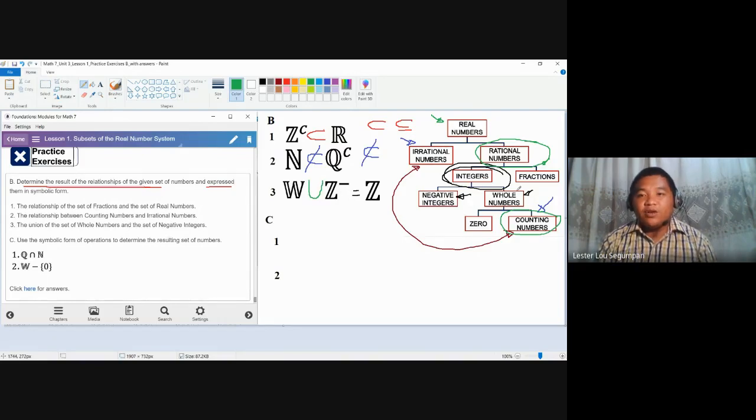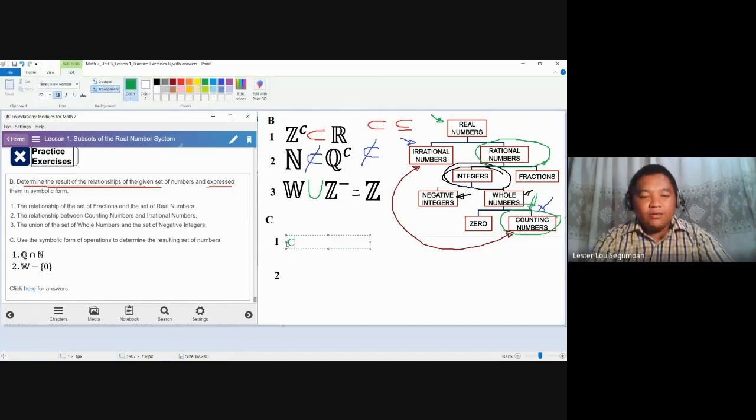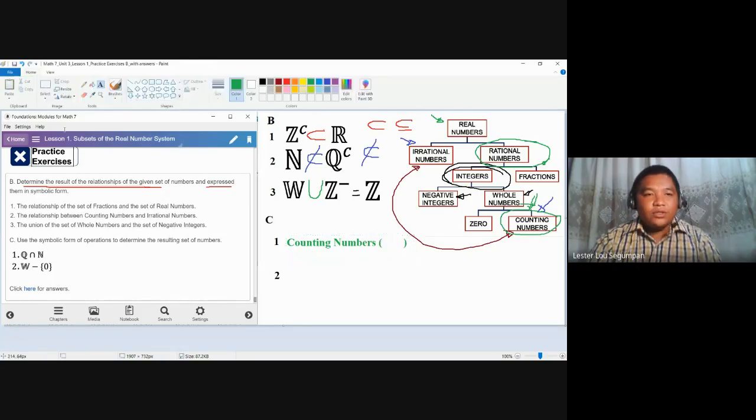In short, the common elements of rational numbers and counting numbers is the counting numbers itself. So our answer here would be the counting numbers itself, or we could use the symbol N, which we used earlier. Counting numbers, also known as natural numbers. So this is the answer for number 1. They're the common set of numbers.